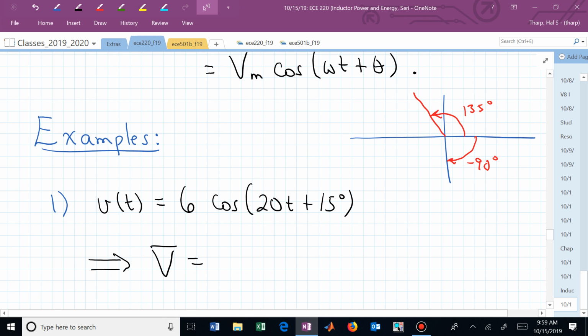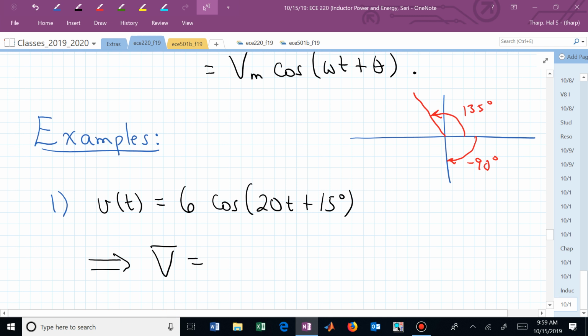Now, first, let's just get comfortable with the phasor transform. If you're given v of t, little v of t in the time domain, of 6 cosine 20t plus 15 degrees, what's its phasor? And this, in the textbook, they might be able to boldface that. Here I'll try, I don't promise, but I'll try to put a bar over something that's a phasor.